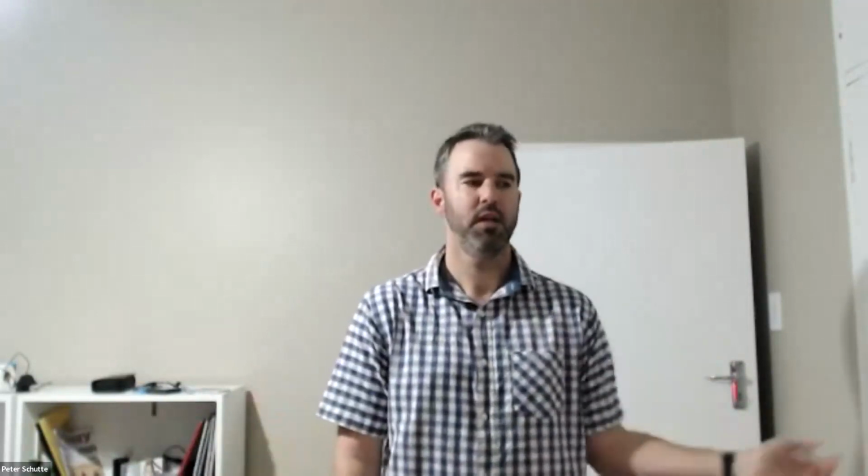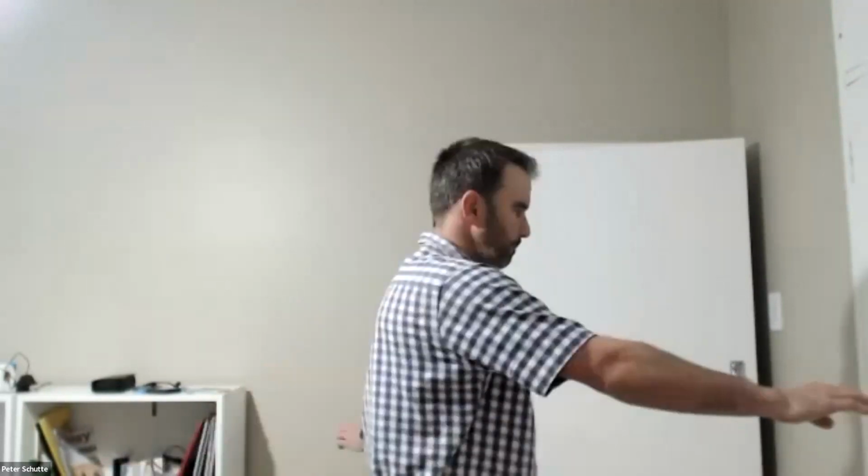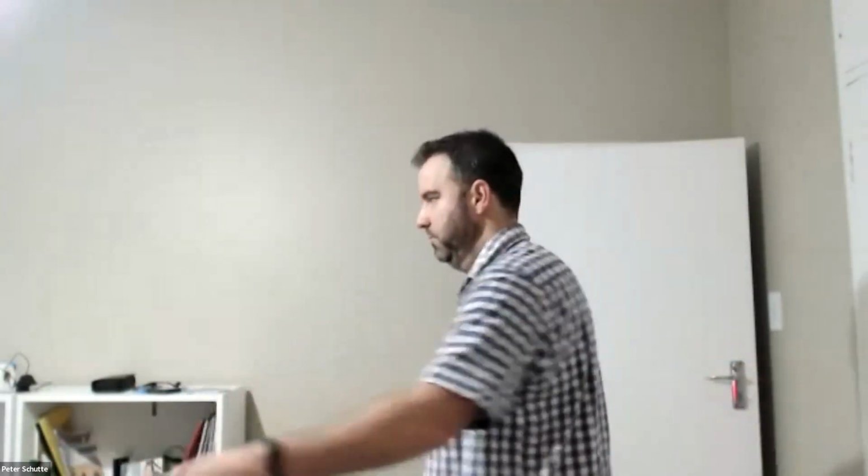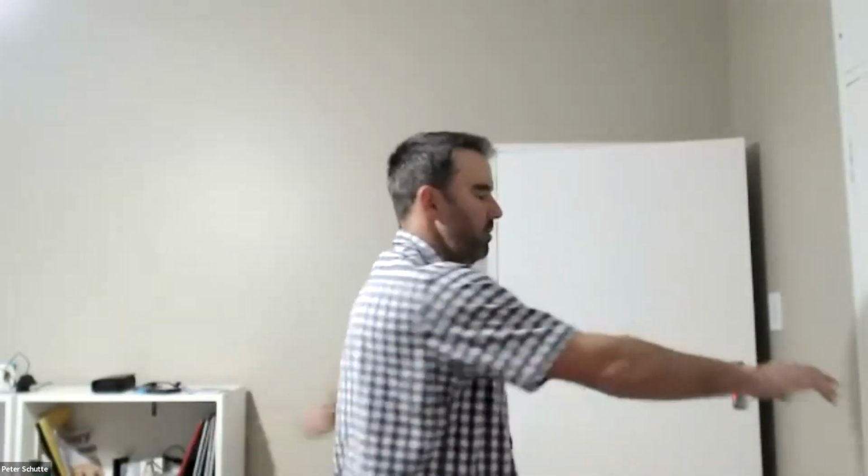So turn on your cameras if you're able, and let's just start by shaking up our arms. Just roll your shoulders a little bit, just loosen them up. You've been sitting, you're probably tense. Roll them forward. Do a little bit of a rotation. As you get looser, you can spin around a bit more.